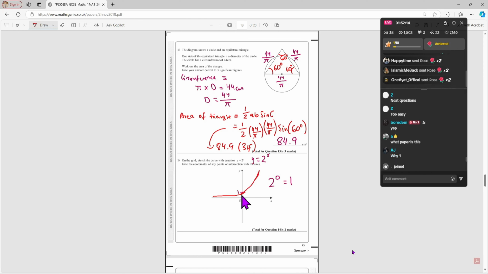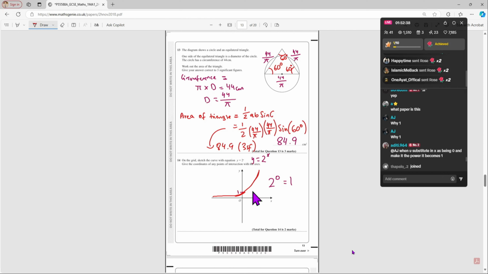And that's going to be our graph. Why is it 1? Because 2 to the power of 0 is 1. If x is 0, then y would be 1, okay?